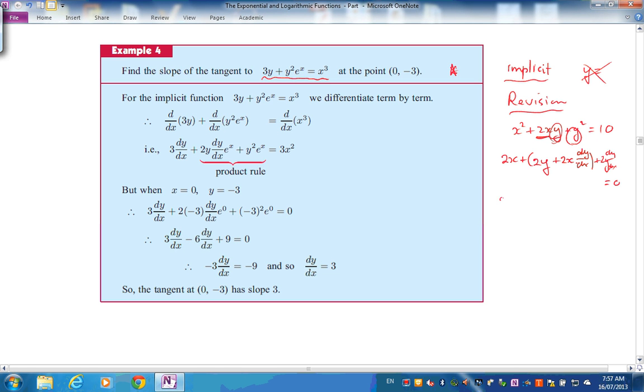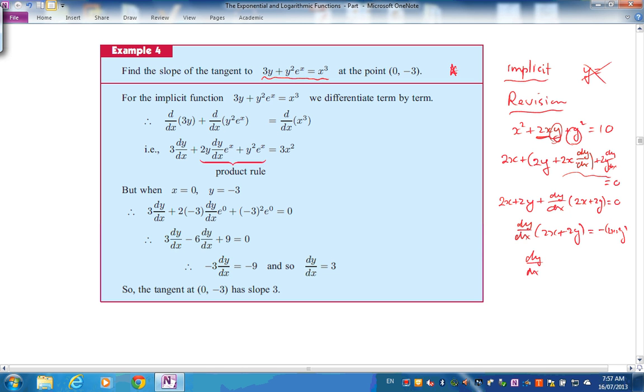Let's simplify it now. We've got 2x plus 2y plus, in dy by dx land, dy by dx out the front of 2x plus 2y, equals 0. I've obviously chosen a nice one here. So dy by dx outside of 2x plus 2y equals negative 2x minus 2y.